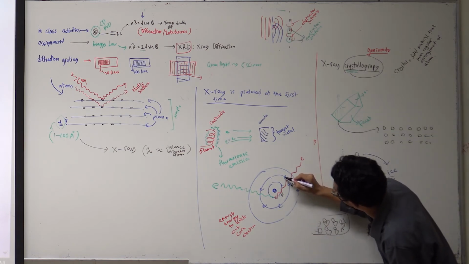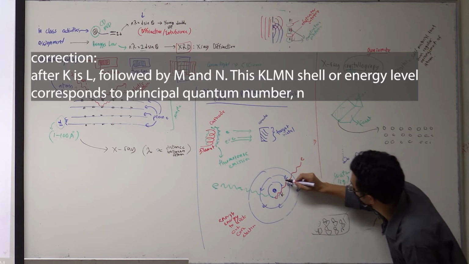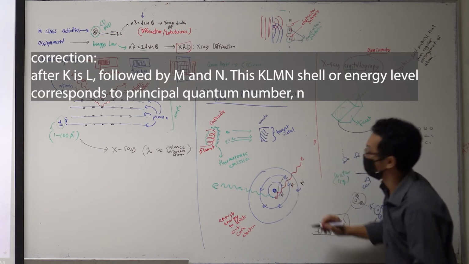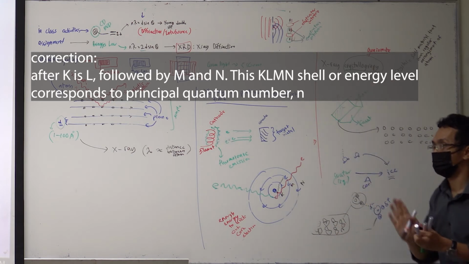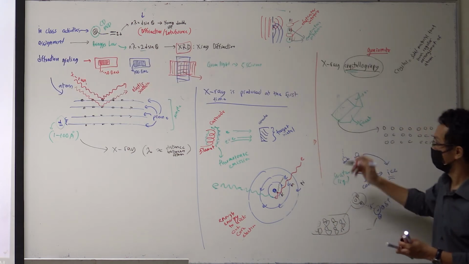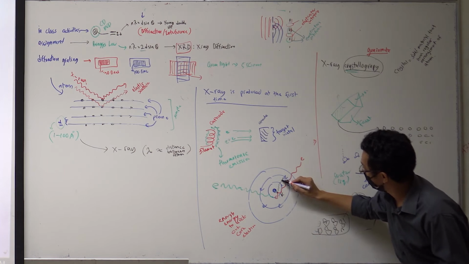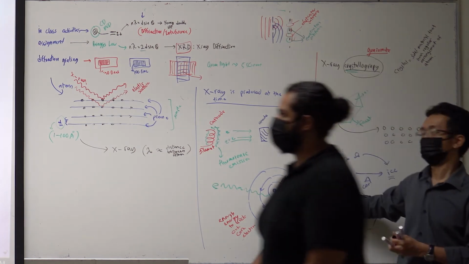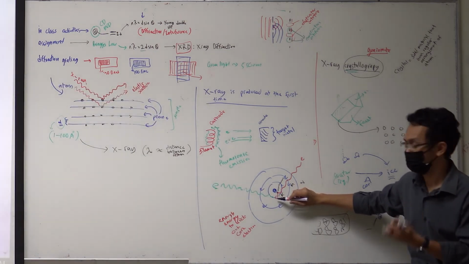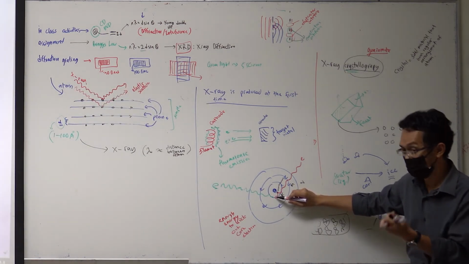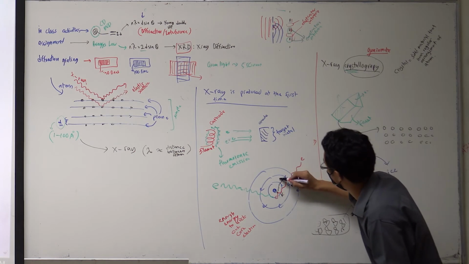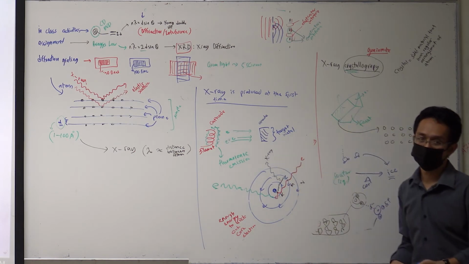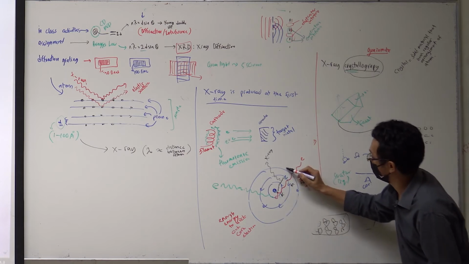The electron from the upper shell, the M shell, will go down. And we learned before, when something goes down, something comes out. The moment it falls down to fill the vacant place here, it will release the X-ray, and then the one on top will go down.